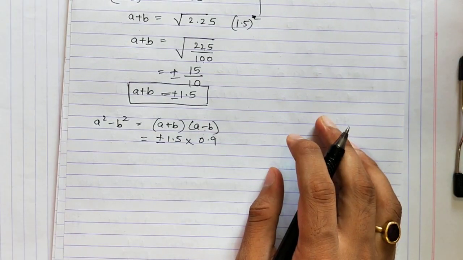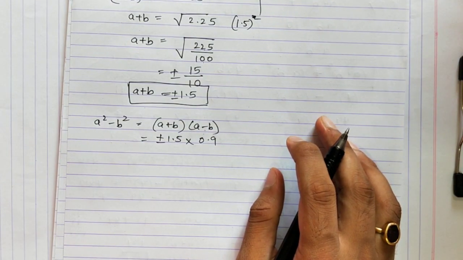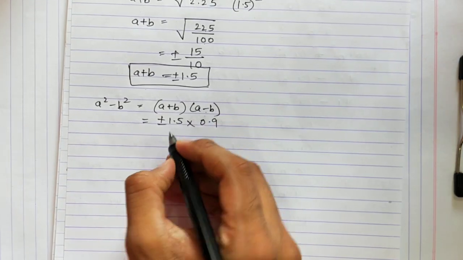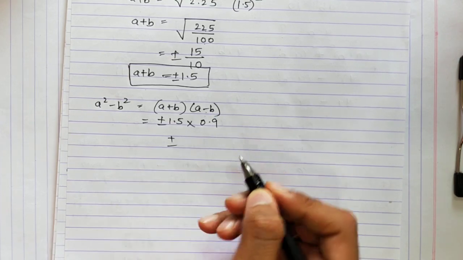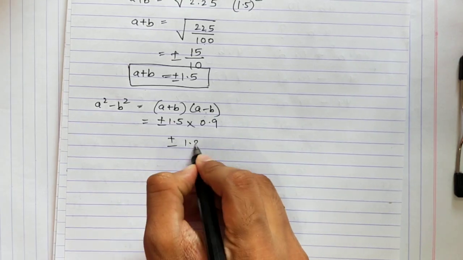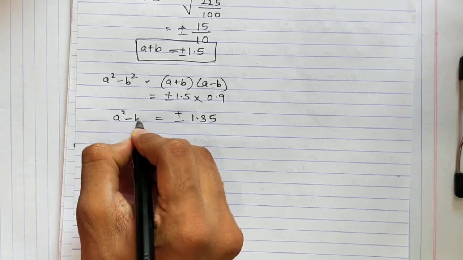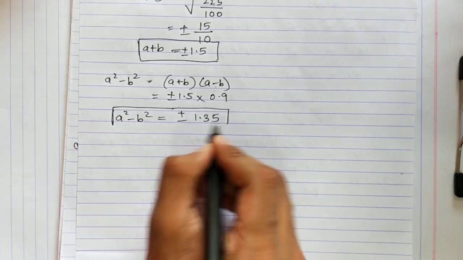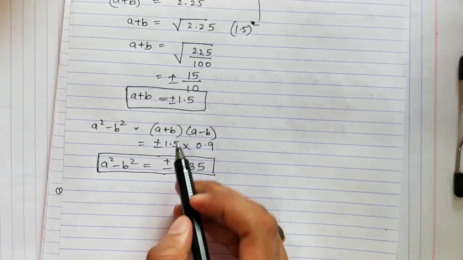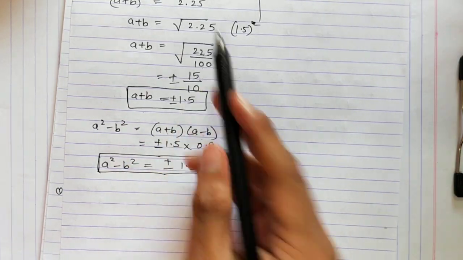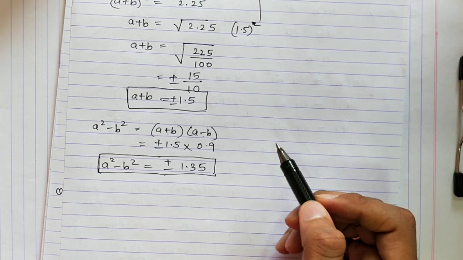So 1.5 into 0.9, this plus minus sign will continue and the answer is 1.35. So a square minus b square is 1.35. See how we use the formula, and these two values were already known. One we found out and one was given in the question.